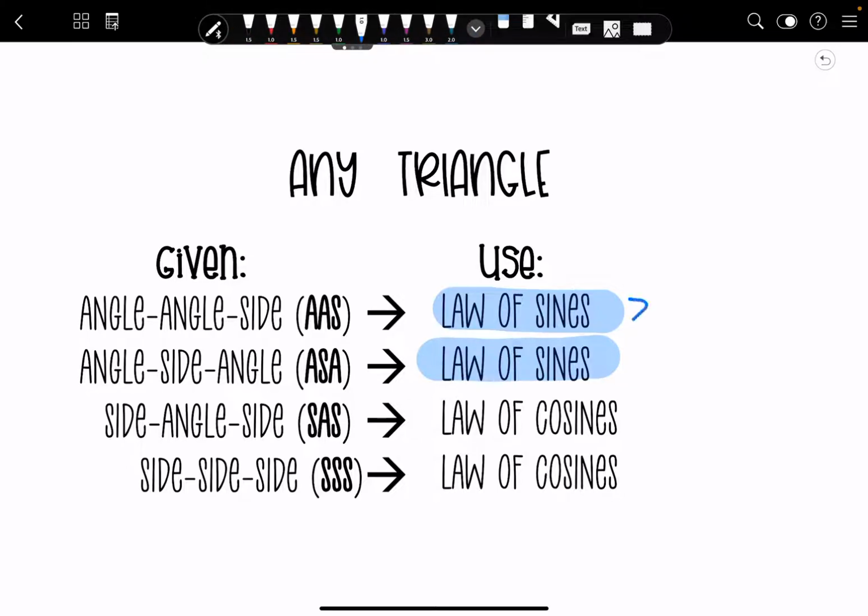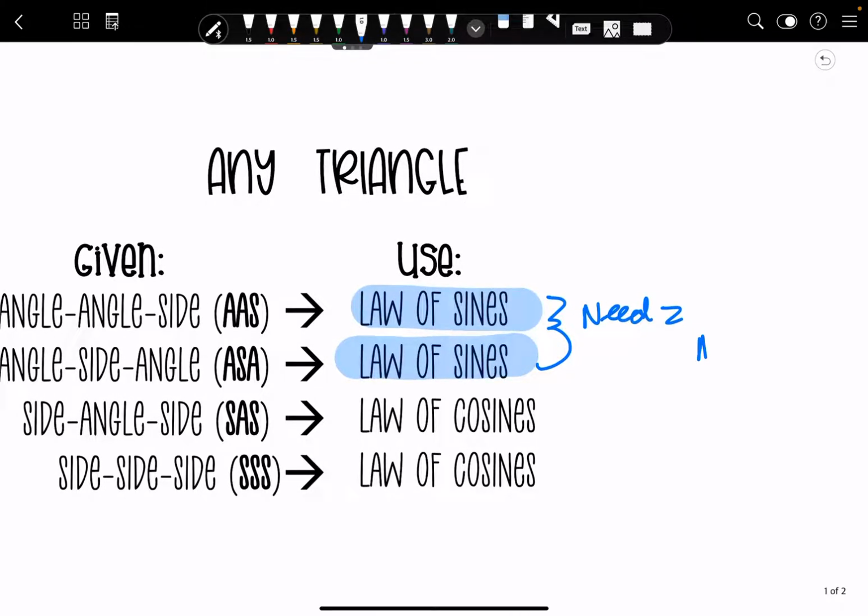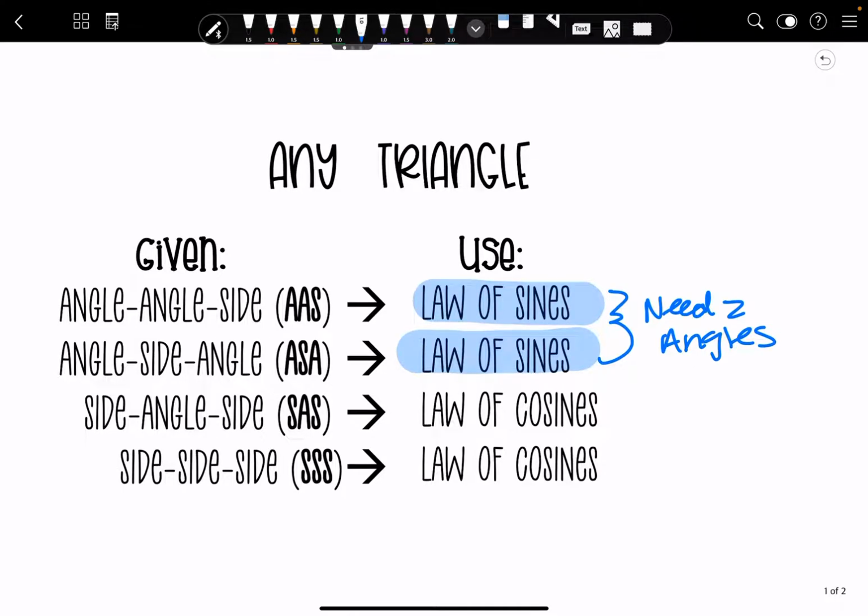All I need to apply the law of sines is two angles. And for the law of cosines, you'll notice that both of them have at least two sides.